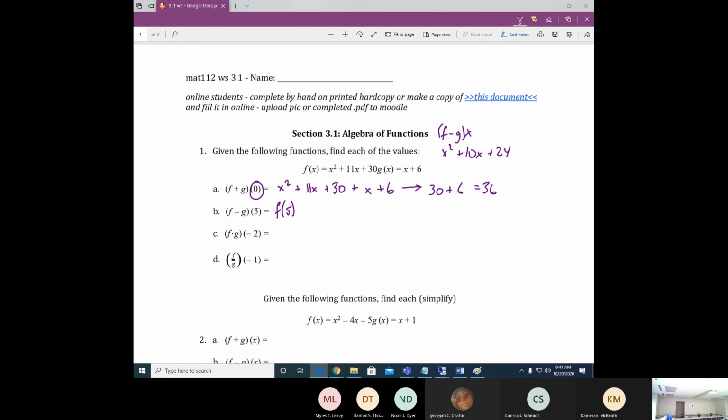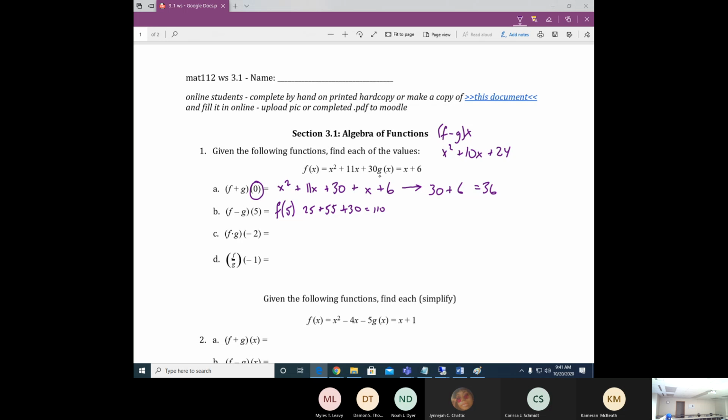But if I only care to evaluate it at a specific value, I can just say, well, f of 5 gives me 25 plus 55 plus 30, which gives me 80 plus 30, 110.